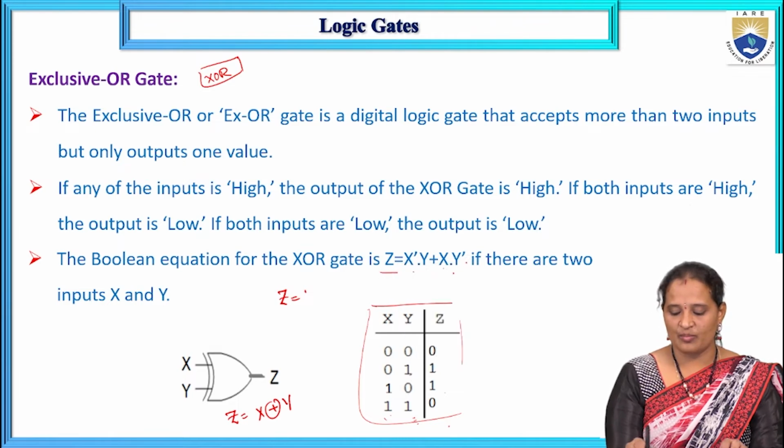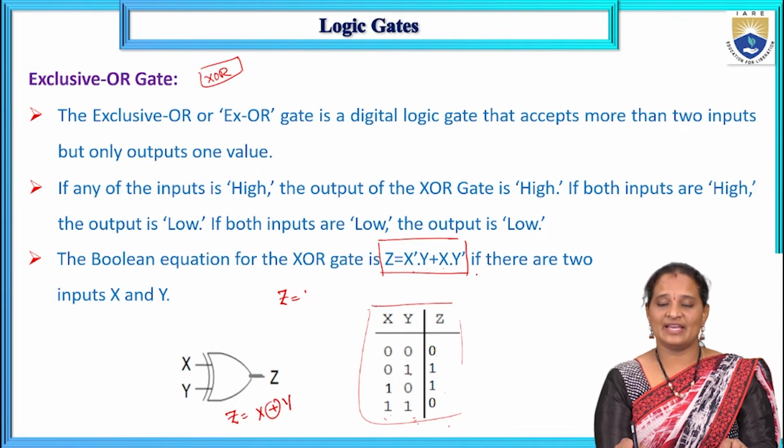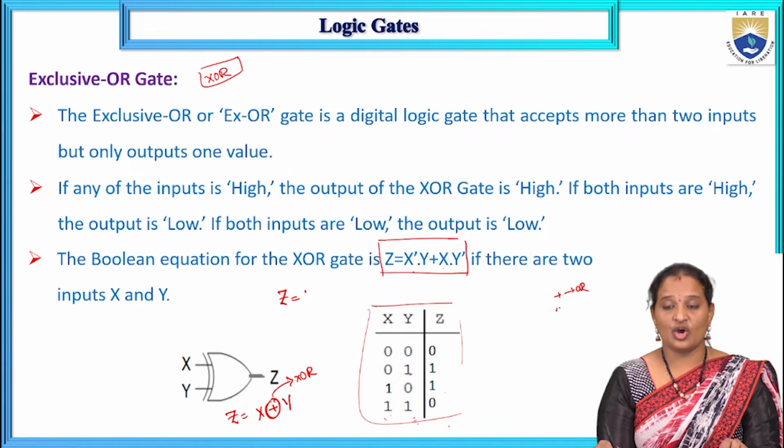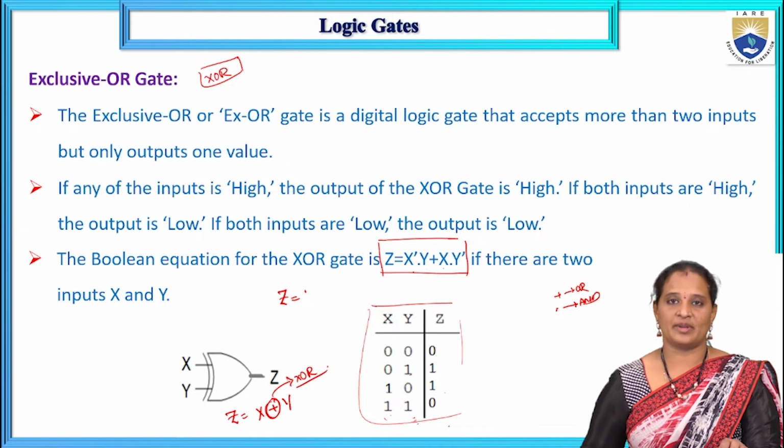So this is the Boolean function for the exclusive OR gate. Just like plus is the OR operator and dot is the AND operator, a plus inside a circle is the XOR operator.